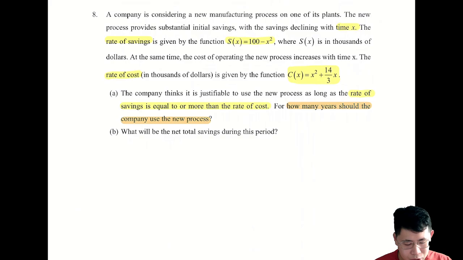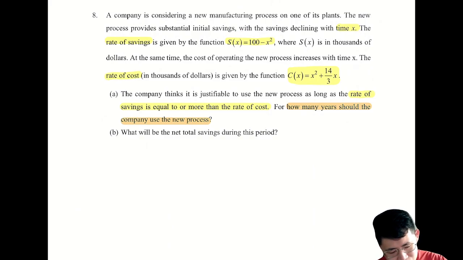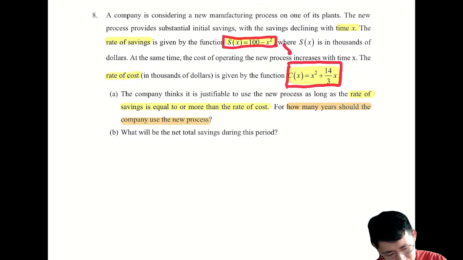So now, let's go back to this sentence again. It is justifiable to use the new process as long as the rate of savings is equal to or more than the rate of cost. So this means that the rate of savings and the rate of cost should be related by greater than or equal to. So the rate of savings must be greater than or equal to the rate of cost.